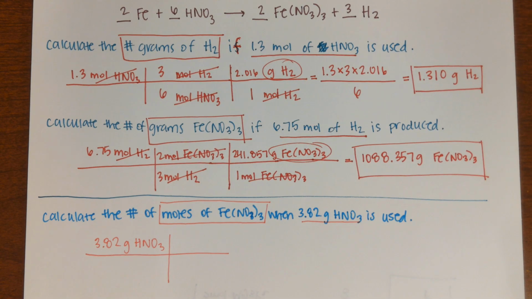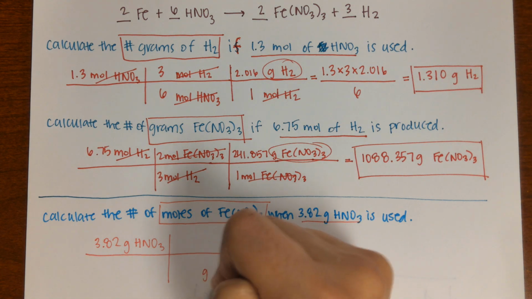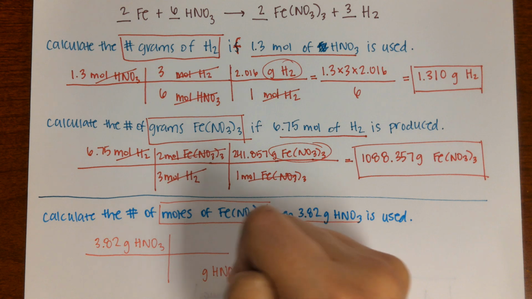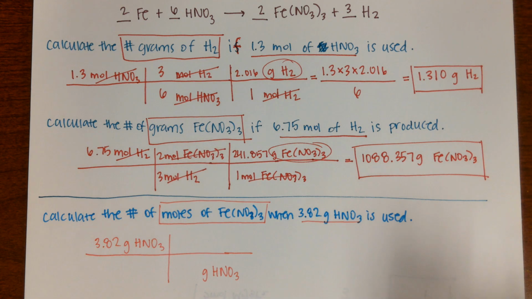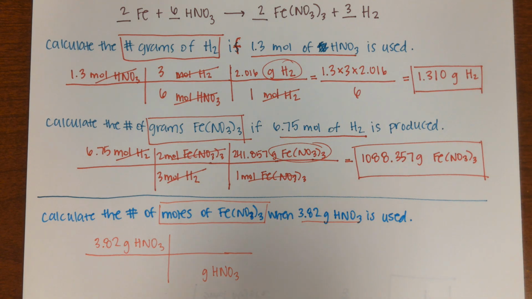Alright, so this time we have grams HNO3, pull that down, the unit, grams HNO3. A common mistake is that you'll put a 1 gram, but no, grams of anything, no matter what, always use the periodic table.